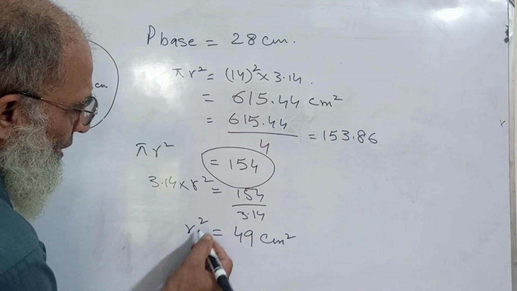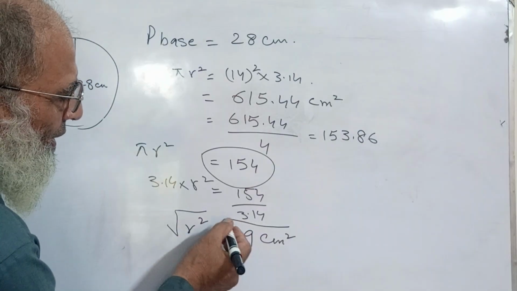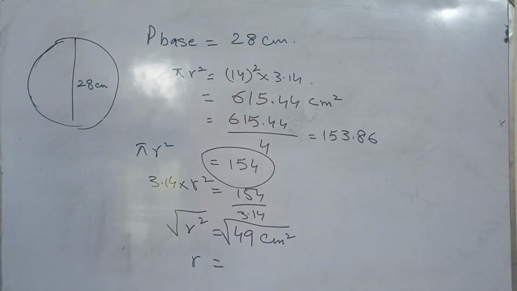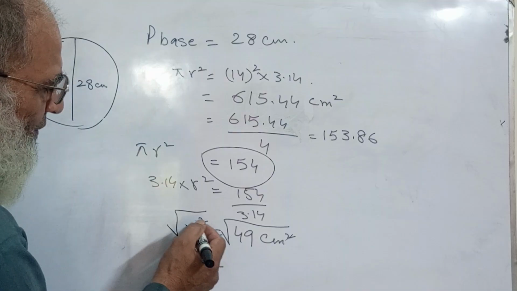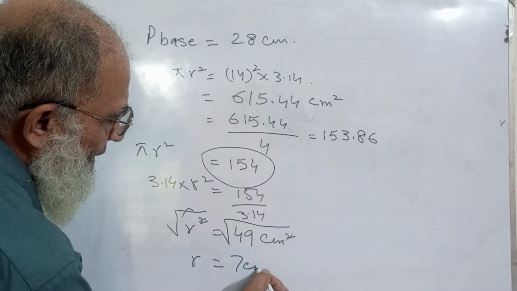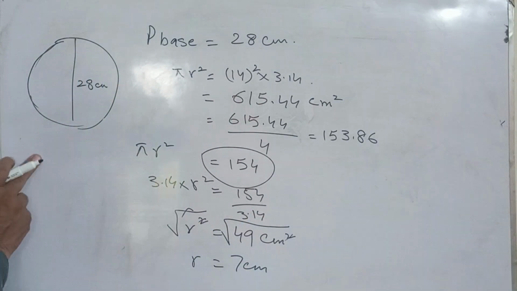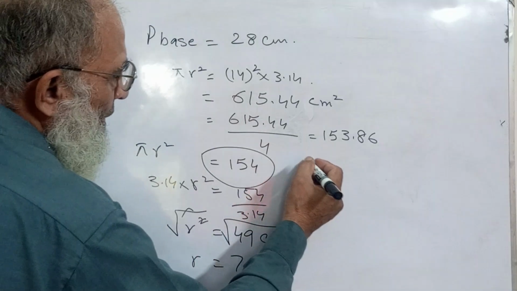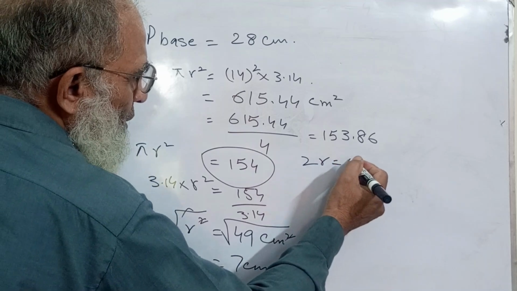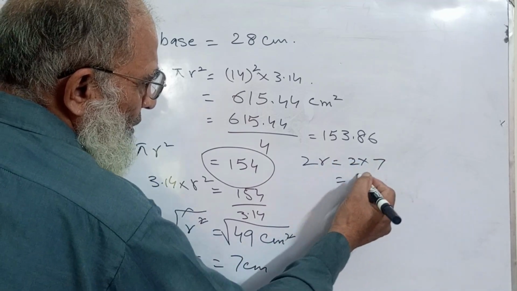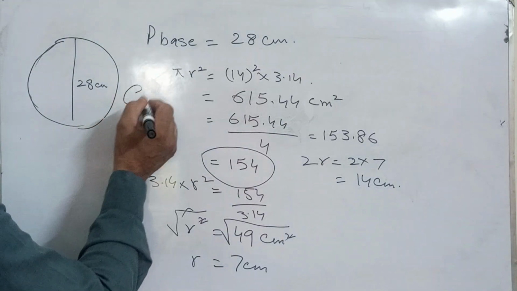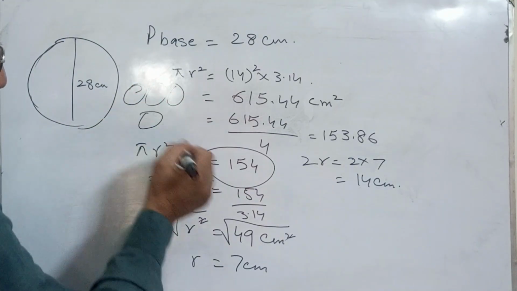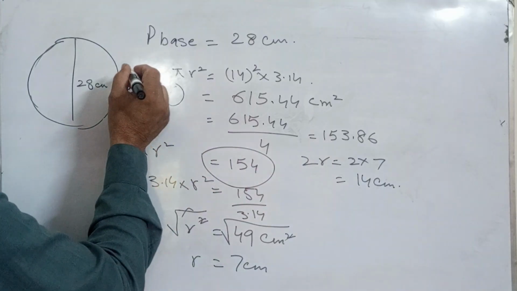Apply the root on both sides, and r will be 7 centimeters. Since we are asked for the diameter, the diameter is 2r, which is 2 multiplied by 7, equal to 14 centimeters. So the 4 pizzas, each will have a 14 centimeter diameter.